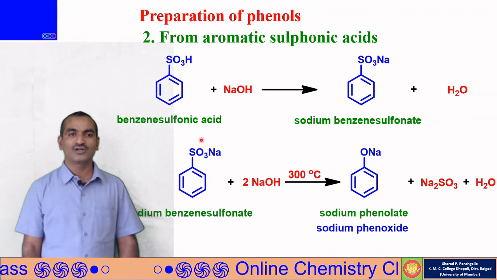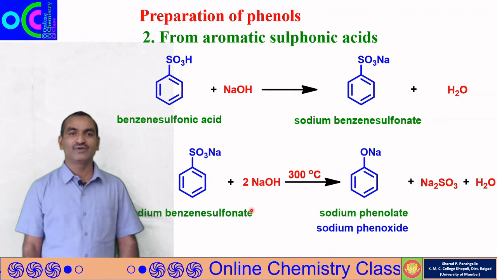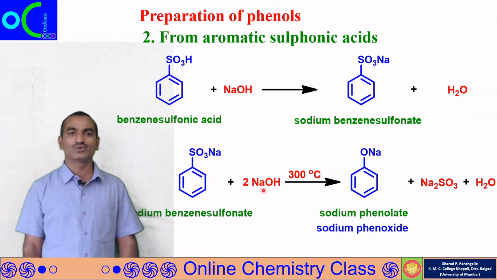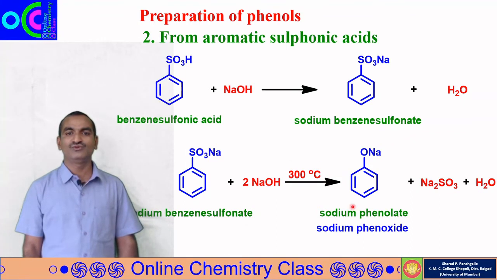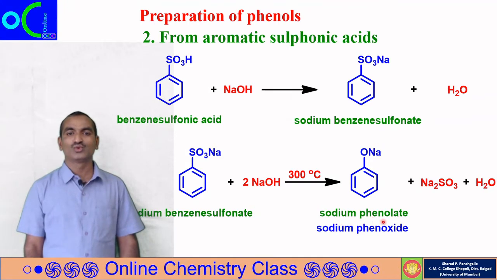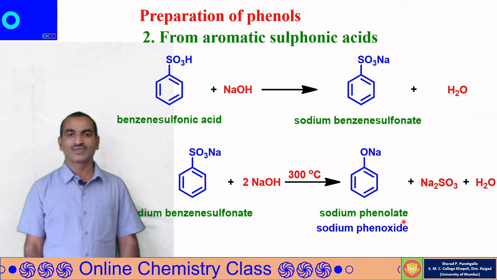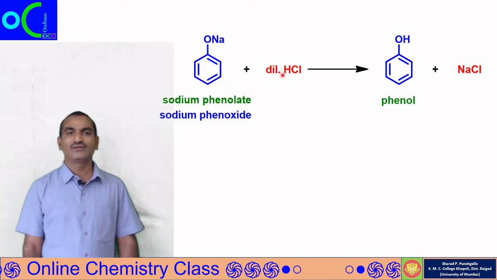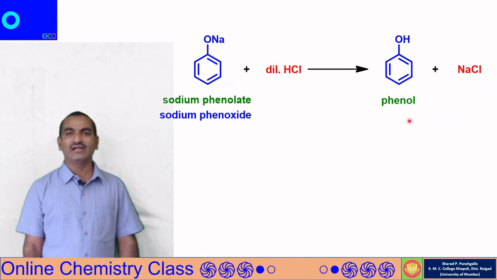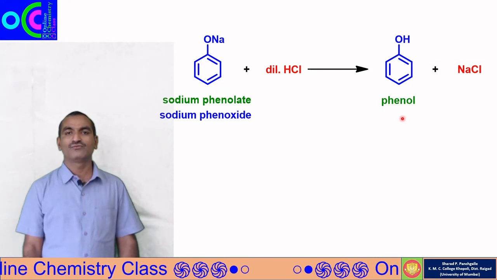That sodium salt of aromatic sulfonic acid when heated with solid sodium hydroxide at 300 degrees Celsius undergoes fusion and gives sodium salt of phenol. Now in the third step, this sodium salt of phenol treated with dilute acid gives phenol.